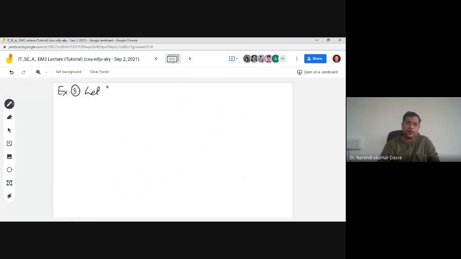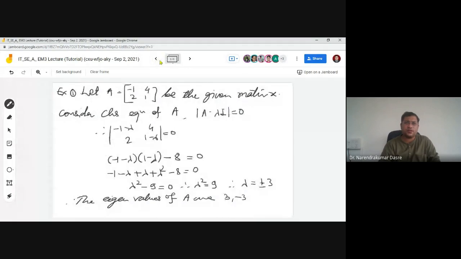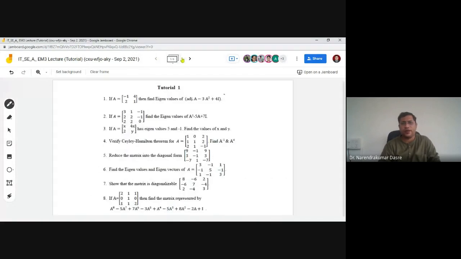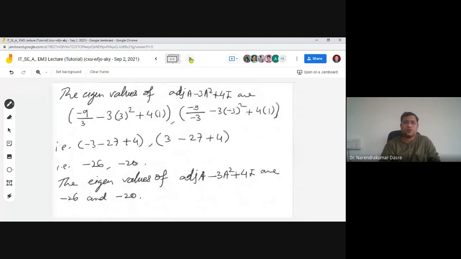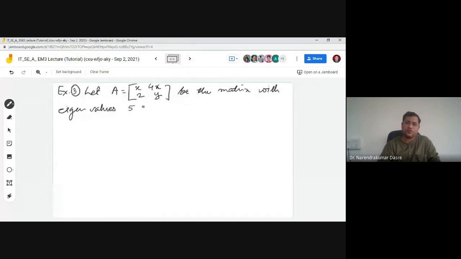Let A be the matrix [x, 4x; 2, y] with eigenvalues. What are the eigenvalues given for this matrix? It is 5 and minus 1.